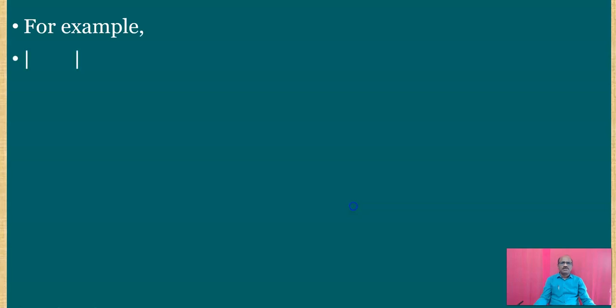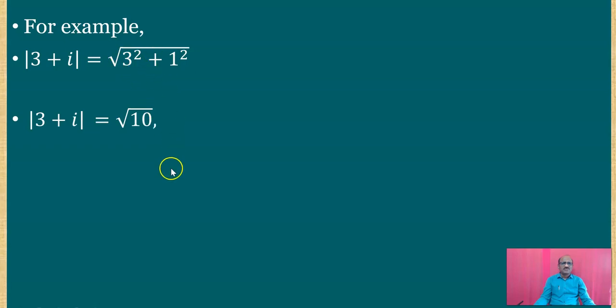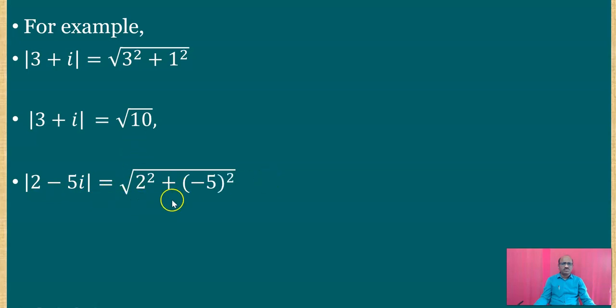For example, the mod of 3 plus i is equal to root of 3 square plus 1 square, that is root of 9 plus 1, that is root of 10. The mod of 2 minus 5i is equal to root of 2 square plus (minus 5) square, that is 4 plus 25, that is root of 29.